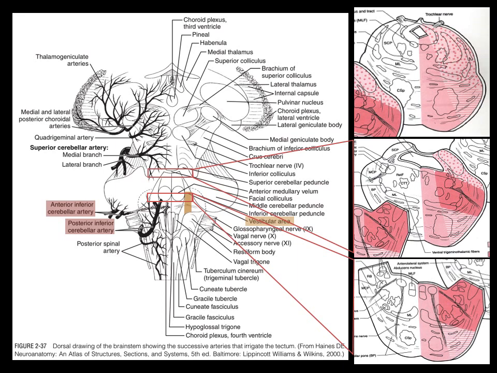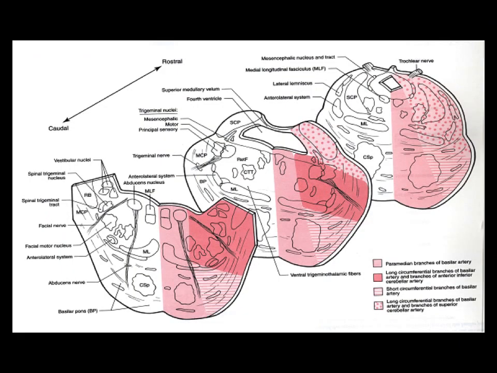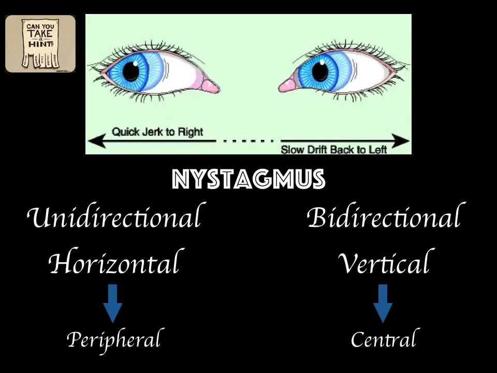Over on the right, you can see the vascular distributions, particularly of the AICA in dark pink, the PICA, and then some of the penetrating basilar arteries. And then here are the vascular distributions again. These are good to review, and really get comfortable with what sits next to each other. You want to know who the next-door neighbors are, so that if one is affected, you know who else to expect to be affected.